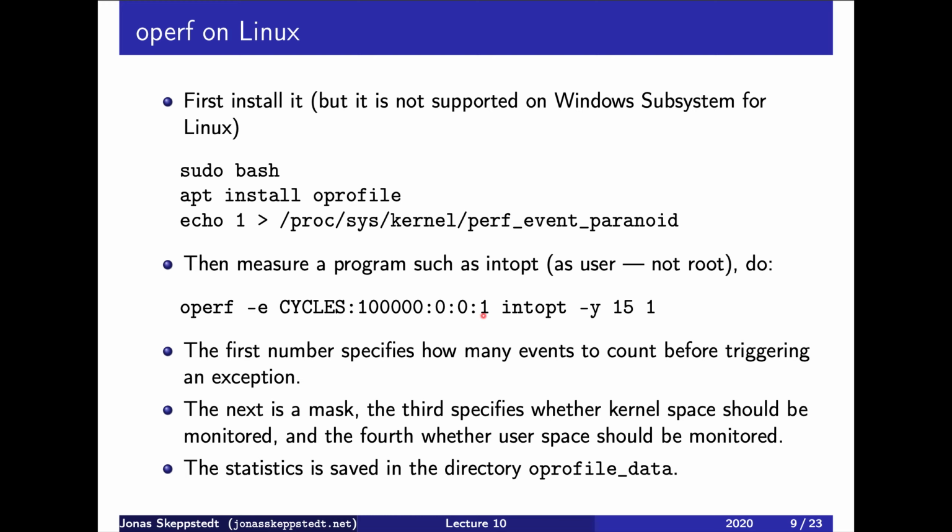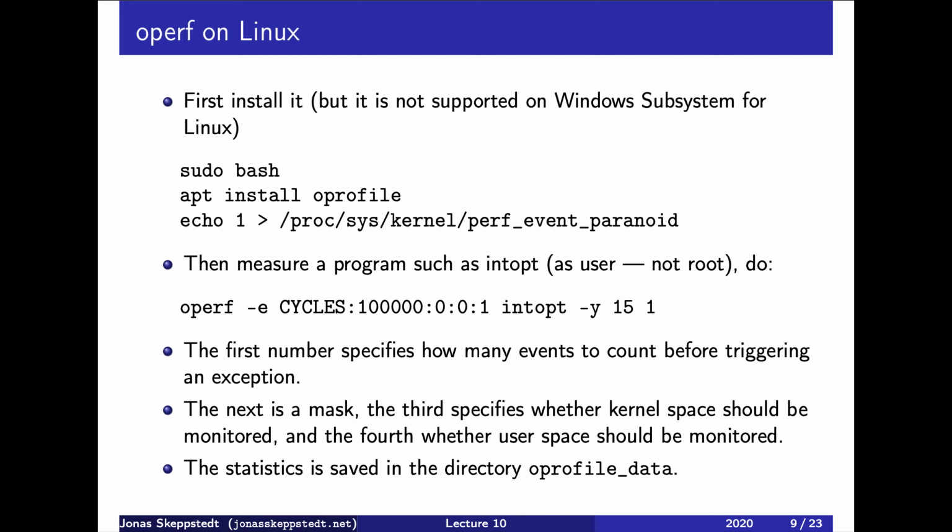But this one here measures what happens in the user code, in your code. Okay, and then we give the program name and arguments, which in this case says that it should run with systems with 15 variables and inequalities, but that's just my version of this one.